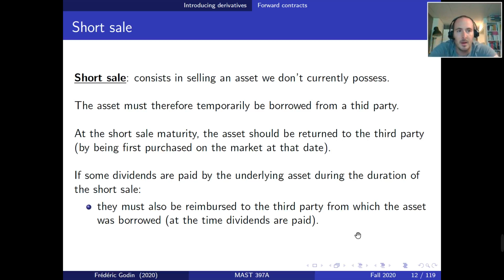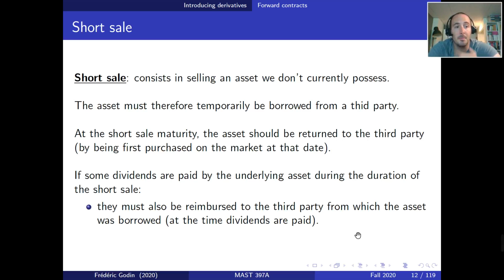But if the Microsoft share paid dividends between the day at which you borrowed and the day at which you returned the stock, then the person from whom you've borrowed the stock will not receive the dividends, because he doesn't hold the stock during that period because you've sold it on the market.